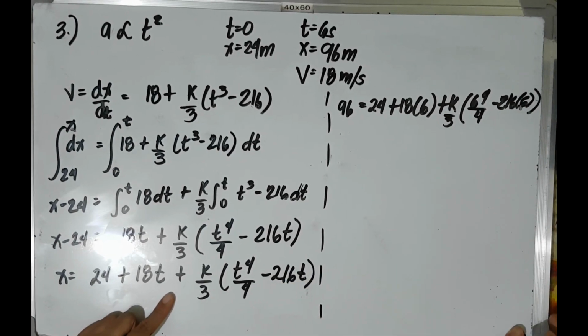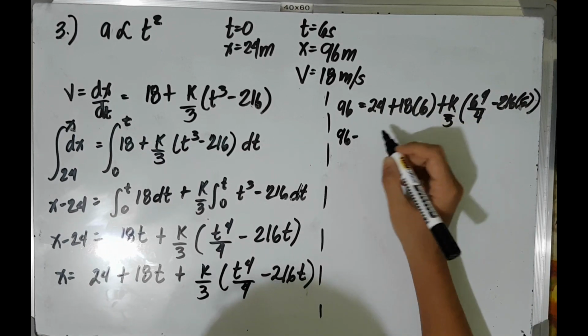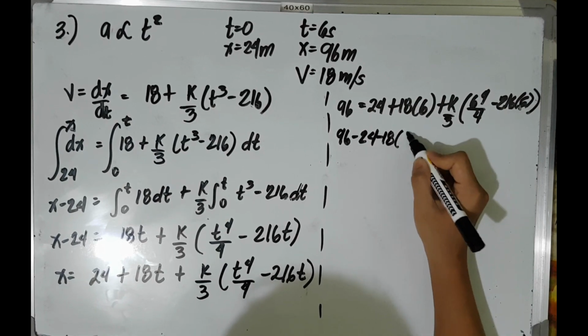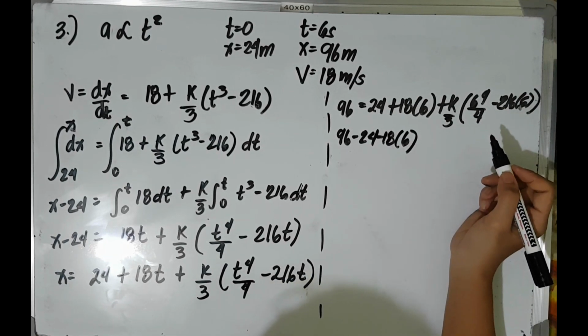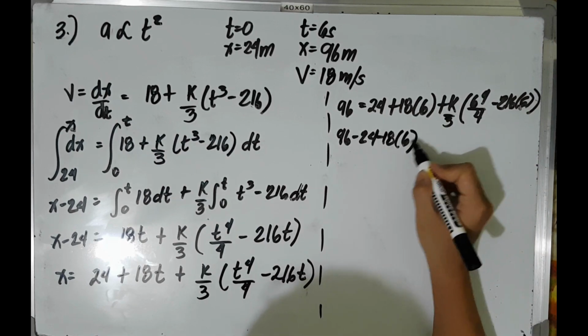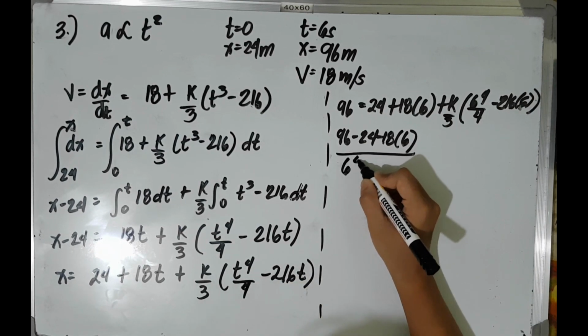Therefore, our k would now be equal to, so further simplification of the equation to make the solving easier. So, 6 raised to 4. What is 6 raised to 4?